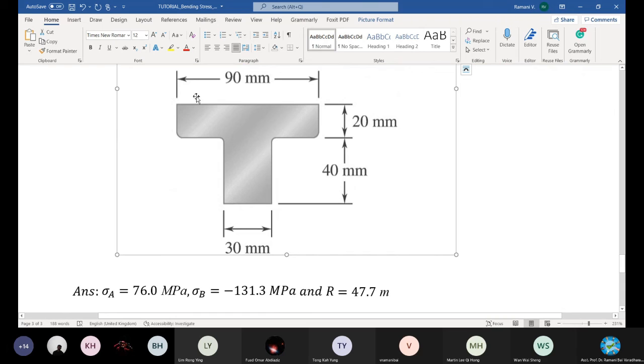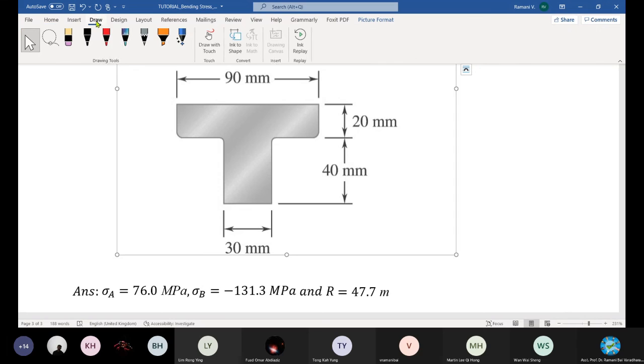This is your section, right? This is the width of the top flange, the width of the bottom flange, the depth of the top flange, the depth, right? These are the common sections. And there is one point which is called the centroid of the section, which you would have determined in statics. That point is called C. It may be located somewhere here.